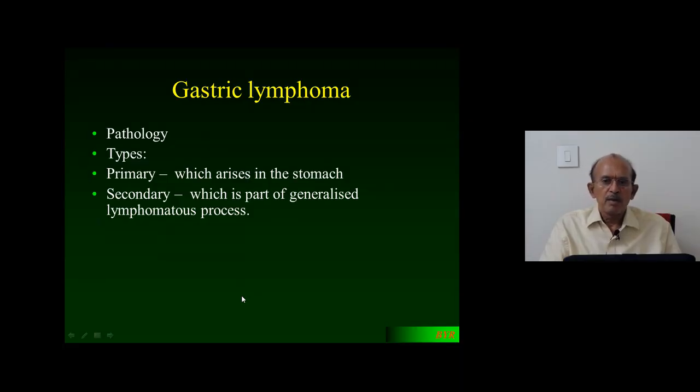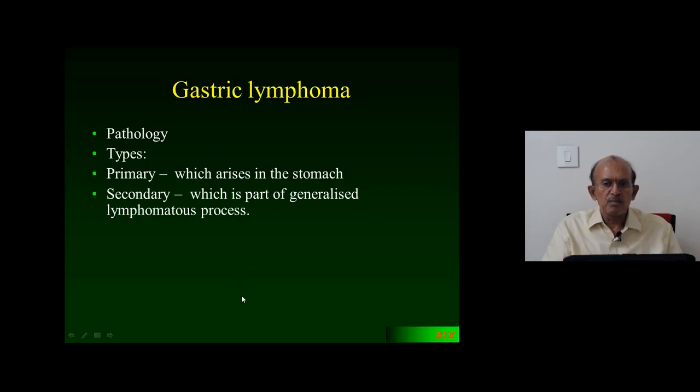So for example, a patient with lymphoma of the stomach comes to you. The stomach also has lymphoid follicles in the submucosa. Those lymphoid follicles can undergo lymphomatous change. If they undergo lymphomatous change and present as a mass in the stomach, then we call it primary gastric lymphoma.